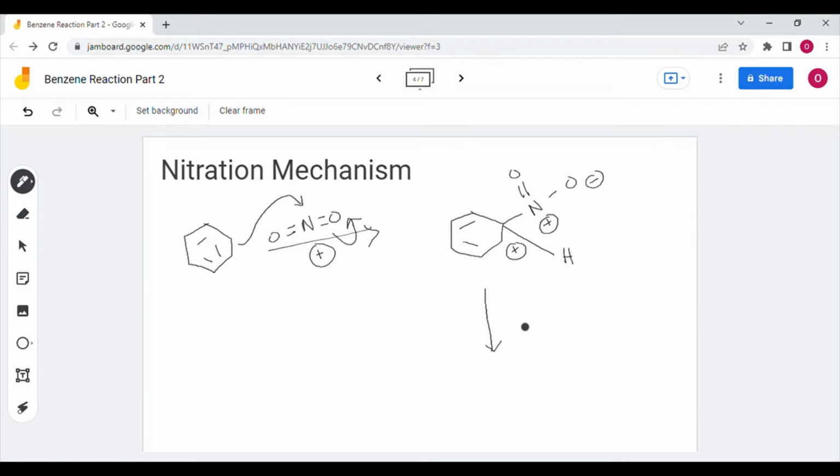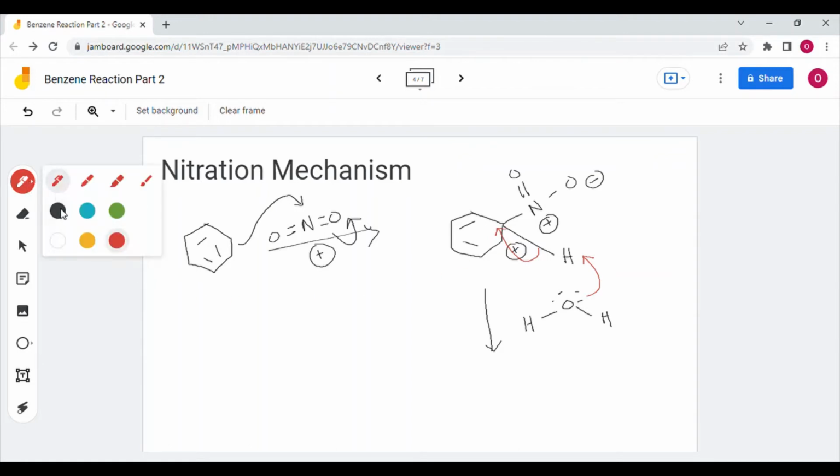So in order to do that, we can use some kind of base to do an elimination reaction. So if you remember from our previous slide, we have a lot of excess water from when we created our strong electrophile, right? And this is a pretty good base to now do an elimination reaction. So what's going to happen is that this electron is going to deprotonate this hydrogen here, and this electron is going to reform aromaticity, right?